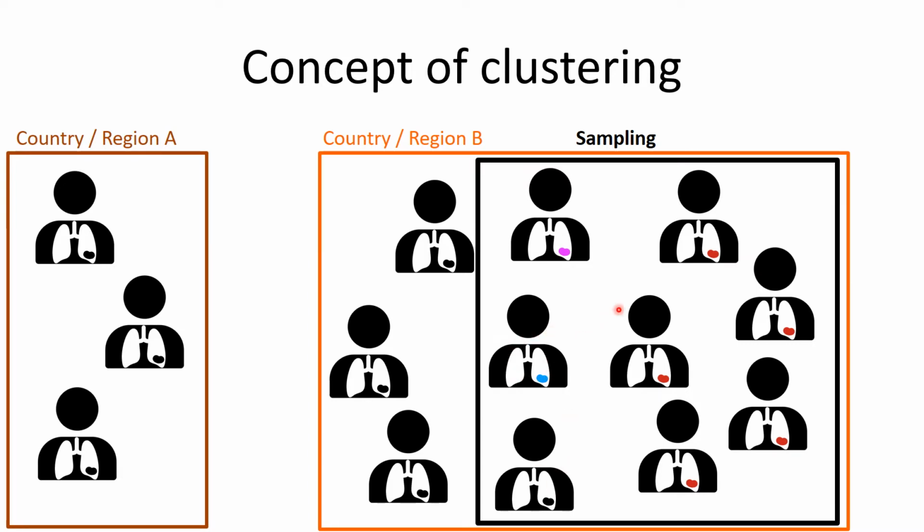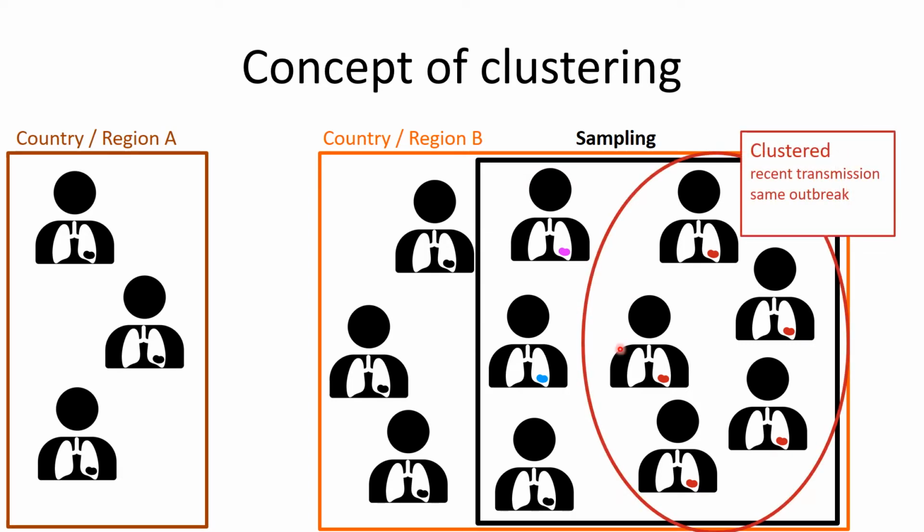So according to what we saw in the previous slides, these patients form part of the same cluster, so they are linked by recent transmission, or they form part of the same outbreak. Again, remember, we cannot say who infected whom, or how transmission occurred, or even if it occurred between these patients, because maybe there is another patient who transmitted this strain to these patients.